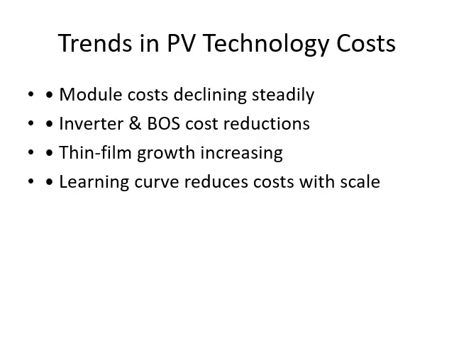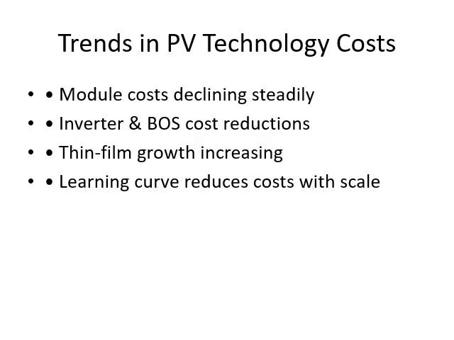Then we are going to talk about the trends coming up in PV technology cost. Now, one piece of good news is the PV module cost is declining steadily with the progress in material development, right? And now you know that there are foldable solar cells available also, so you don't really have to transport it in a rigid structure.